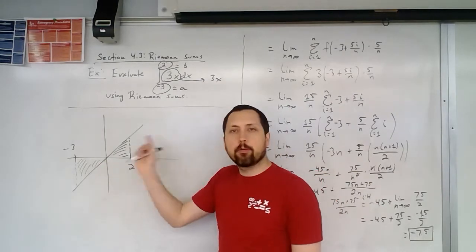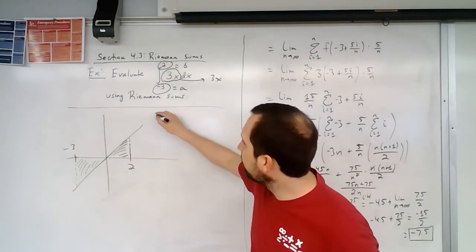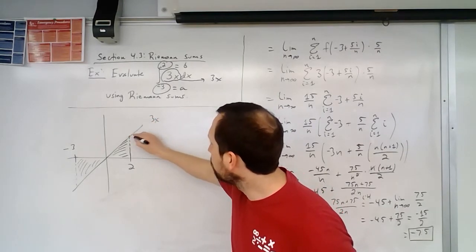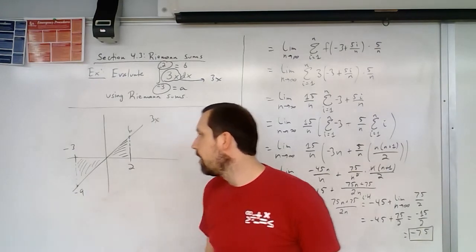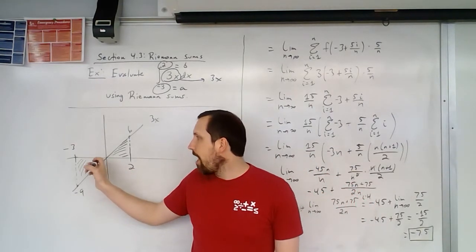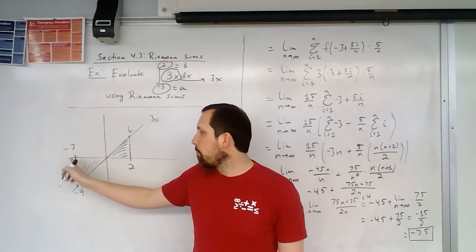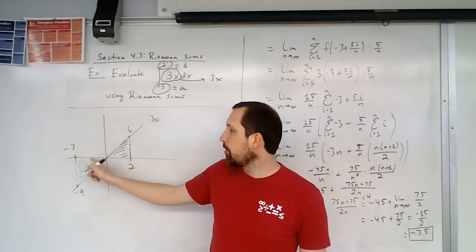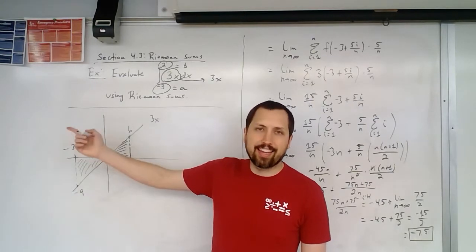Now, because these are both triangles, we could easily figure out the area of both of these triangles. So since this is the function here, 3x, this would come up here to 6, and this would come over here to negative 9. So I'm going to take 1/2 the base times the height. So in this one, my width over here is 3. This is going to be 9. So I multiply that, I get 27.